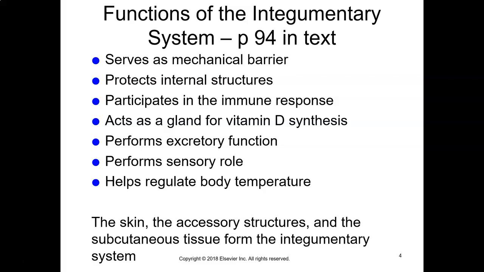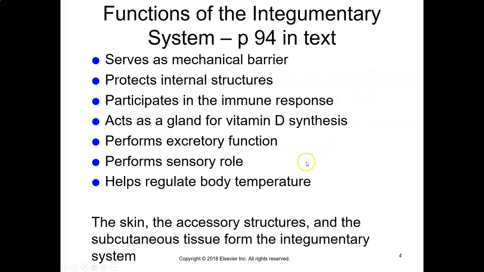Go to Chapter 7. The integumentary system serves as a mechanical barrier. It is our skin, so it protects things that are on the other side of our skin. It protects our internal structures. It participates in the immune system. It acts as a gland for vitamin D synthesis.